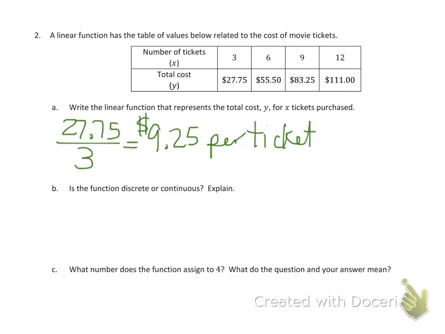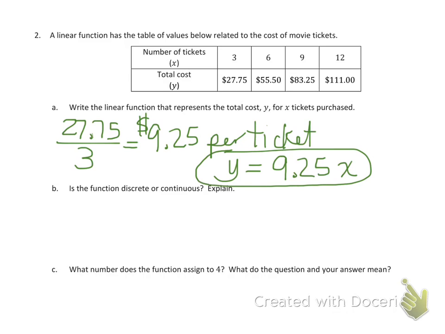So our function is going to be the total cost y is equal to the rate per ticket, the unit rate, $9.25 times the number of tickets. So there's our function rule for that. Is this function discrete or continuous? And then you're asked to explain.